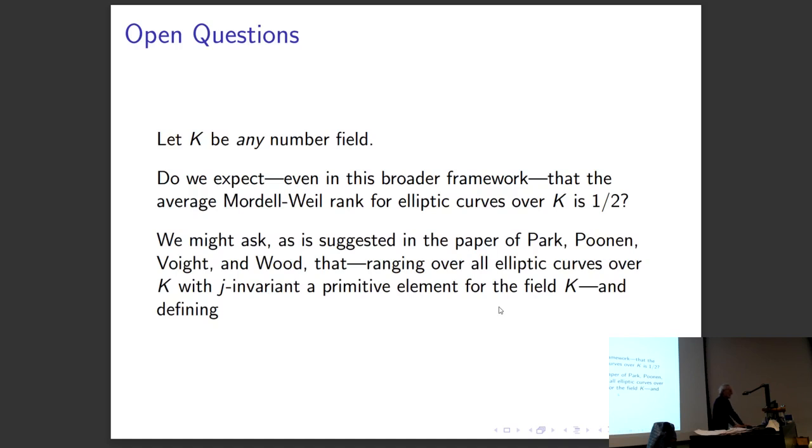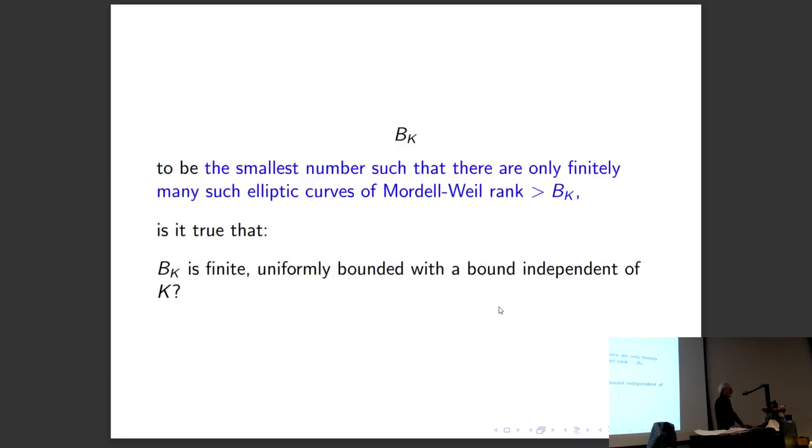And we might ask also, as in the paper of Park, Poonen, Voight, and Wood that I cited in lecture 1, ranging over all elliptic curves over K, but with the j-invariant a primitive element for the field K, and defining B_K to be the smallest number such that there are only finitely many elliptic curves with Mordell-Weil rank greater than B_K.